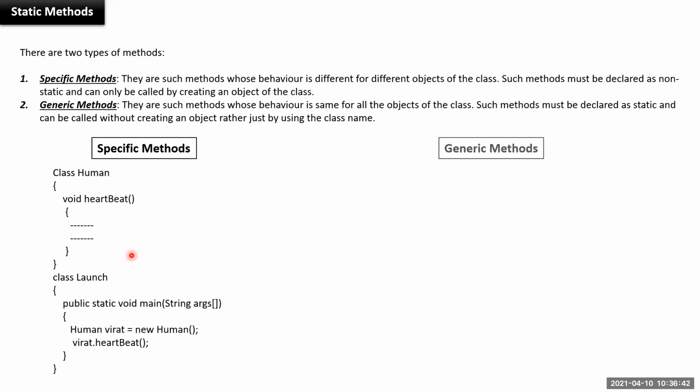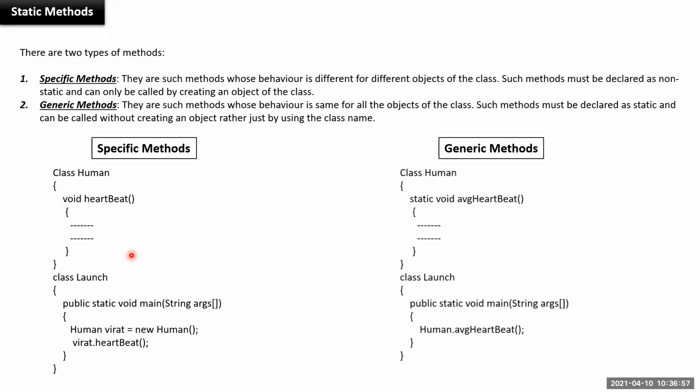Similarly, let's take a generic method. Let's say I tell you today, can you tell me the average heartbeat of a human being? You'll instantly tell by Googling, sir, this is the average heartbeat of a human being. Simple. For that, if I write this program, I write a class Human, and in the same class Human, I write static void averageHeartbeat. Now for average heartbeat, I need not be specific, right?